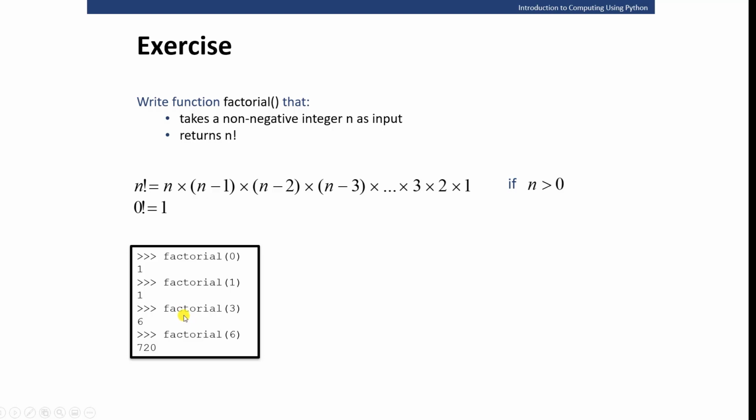By multiplying 1 by 2 by 3. The factorial of 6 is equal to 720, and it is calculated by multiplying 6 by 5 by 4 by 3 by 2 by 1.